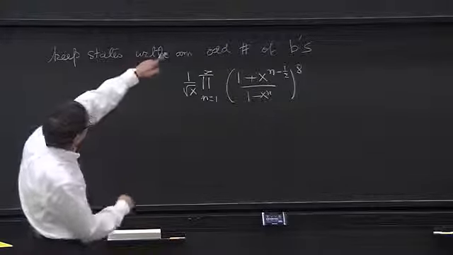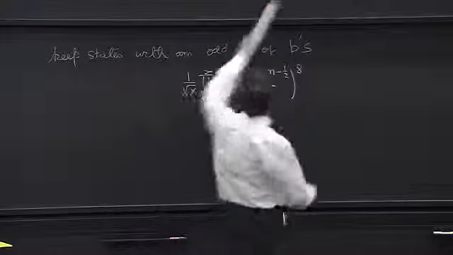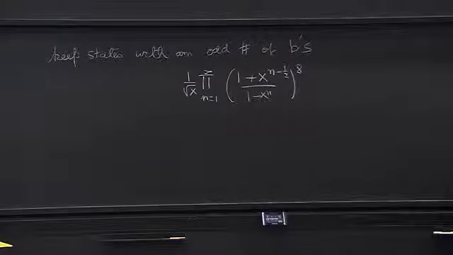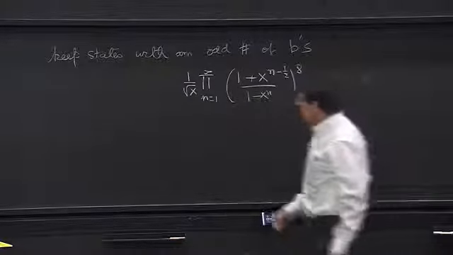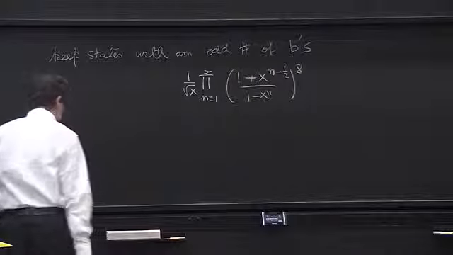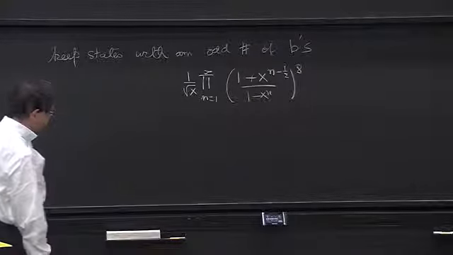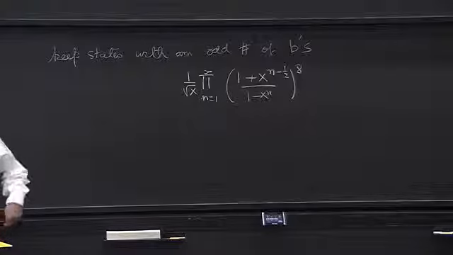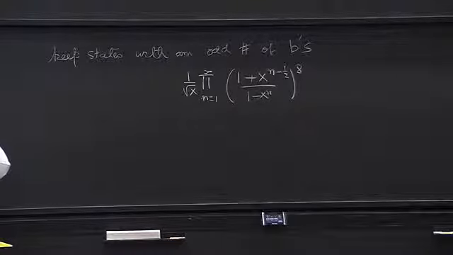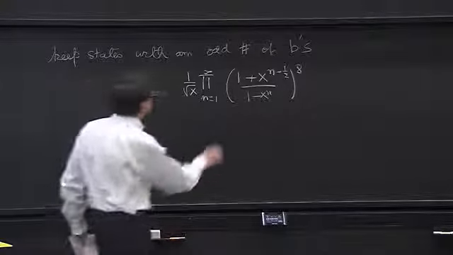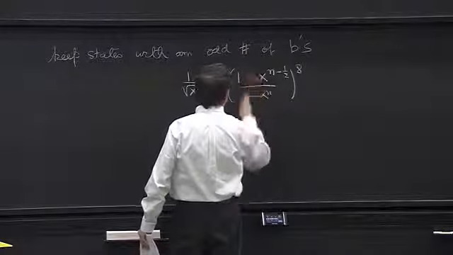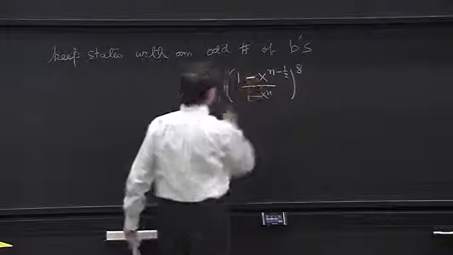I want to take away these terms from the generating function that have those square roots there. So what I'm going to do is the following. I'm going to put here a minus.